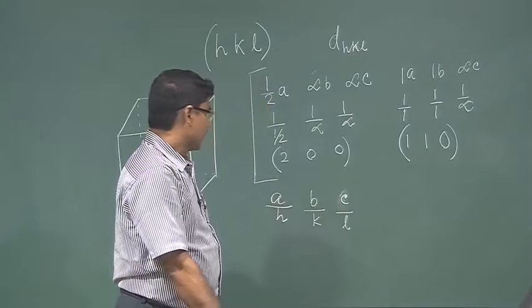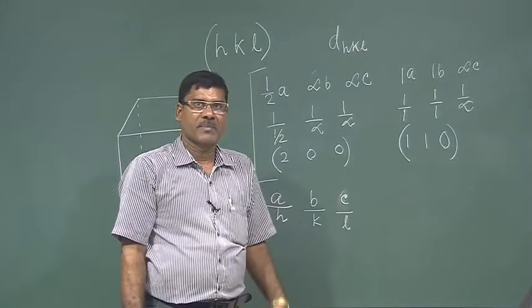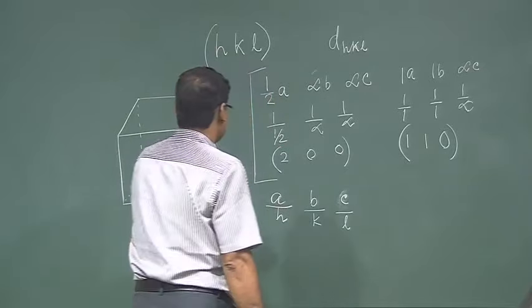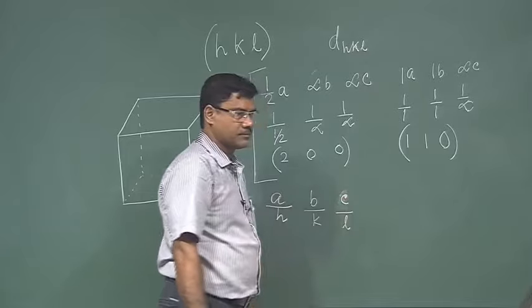Okay. So if I know the plane, then I can get the intersecting length on the axis.